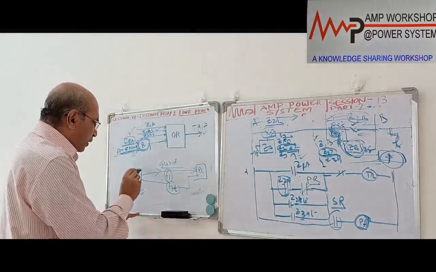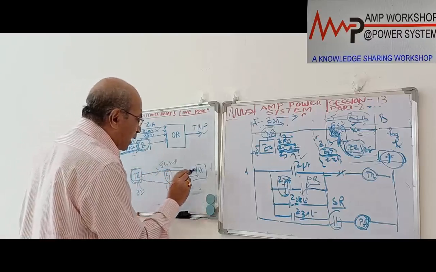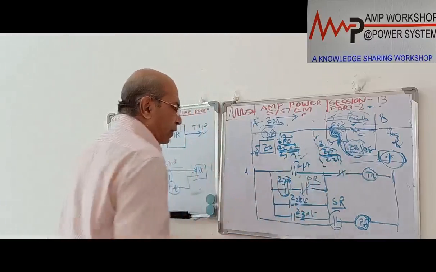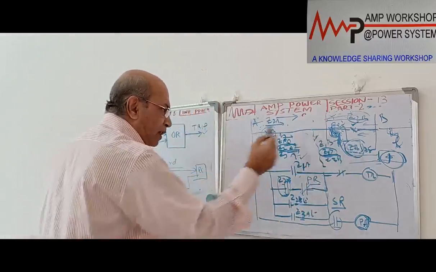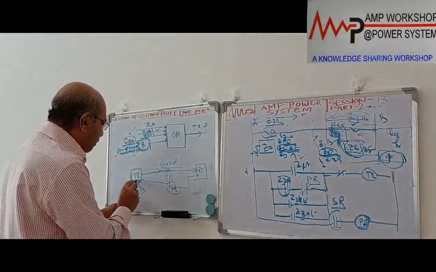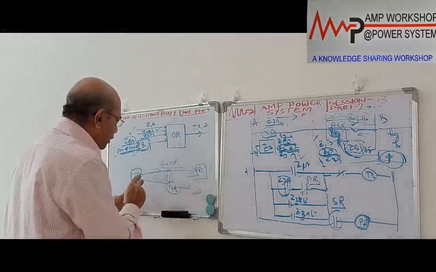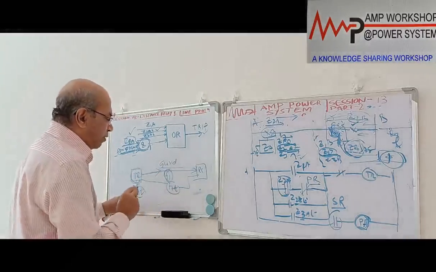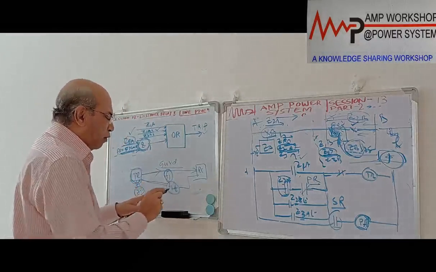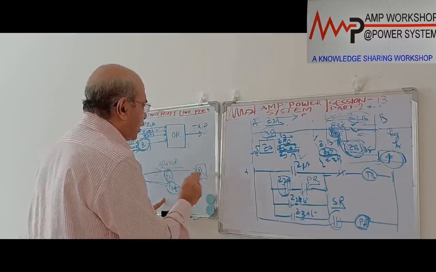So in the normal condition, this transmitter continually sends the guard signal. The moment the zone 2 element operates here, that means the fault is inside the line. The moment zone 2 operates, this contact gives a signal to the transmitter, then the transmitter, instead of originating the F1 frequency, will originate another frequency, F1T, which is called the trip frequency, and it will be received by the receiver.